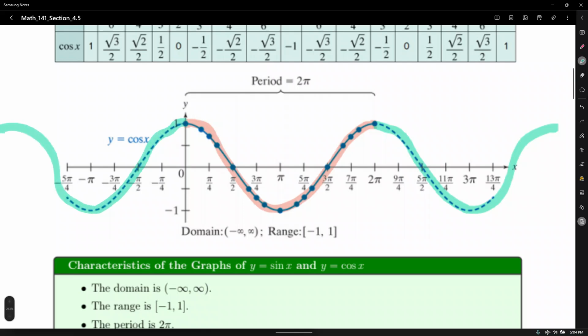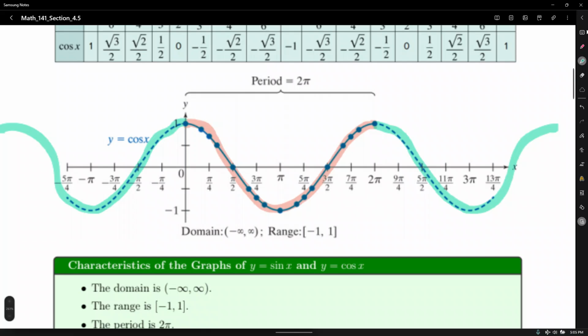Due to the limitations of the screen, I can't show more periods, but we can always imagine this with more and more periods. And again, the domain of the function is -infinity to +infinity, and the range is -1 to +1.